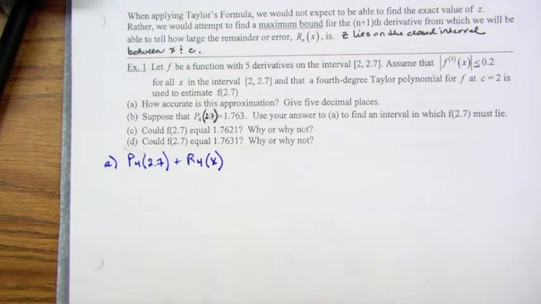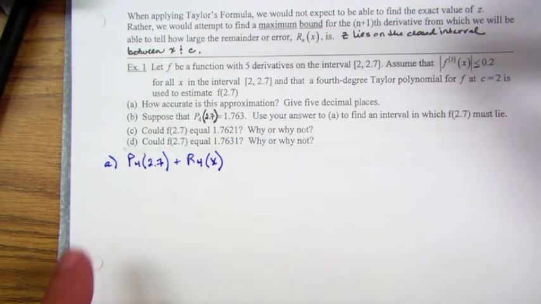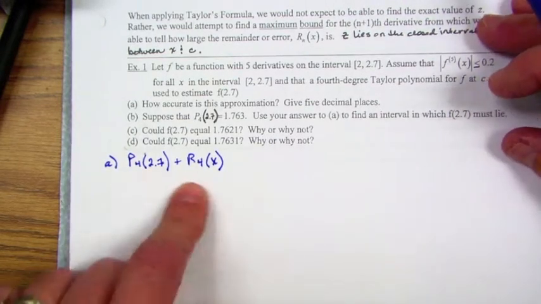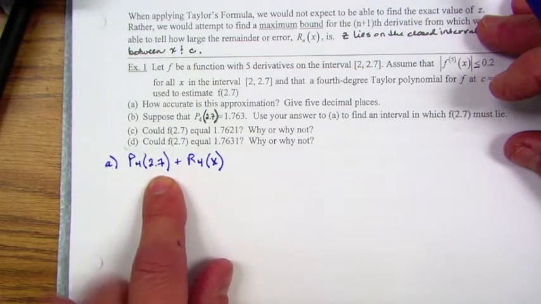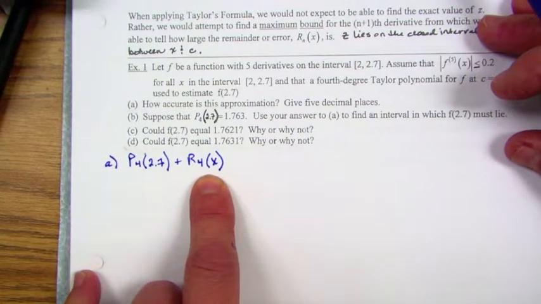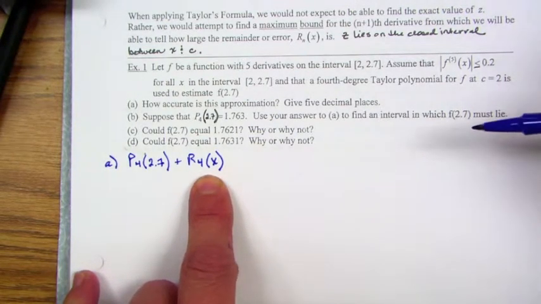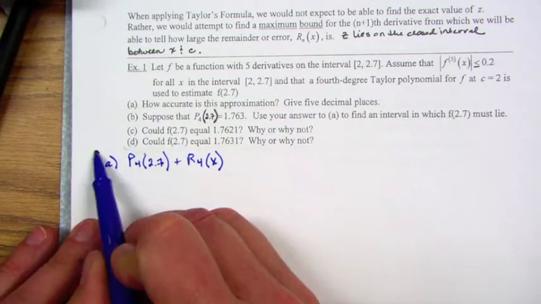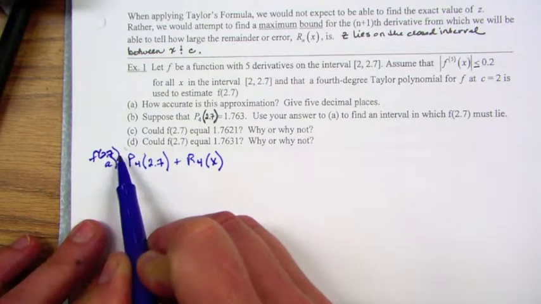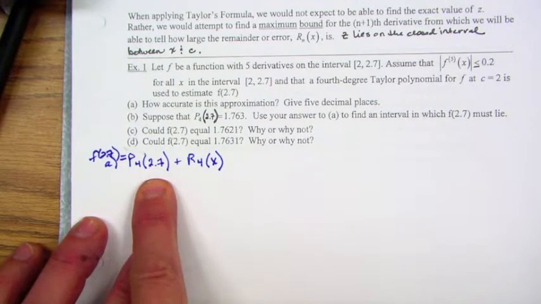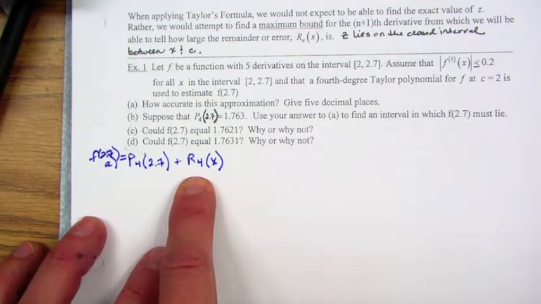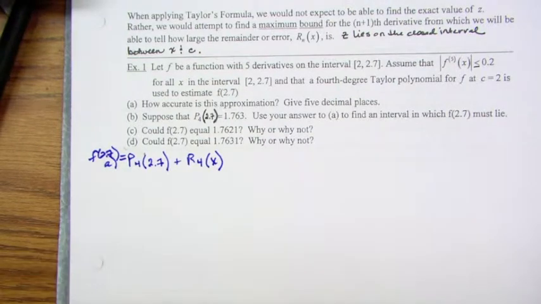If I were making the 4th degree Taylor polynomial approximation, this is what I'm essentially doing. I'm doing the 4th degree polynomial at 2.7, and whatever is left over would represent the remainder. F of 2.7 would equal that Taylor polynomial approximation plus whatever remainder is left. Do you agree with that, big picture wise?